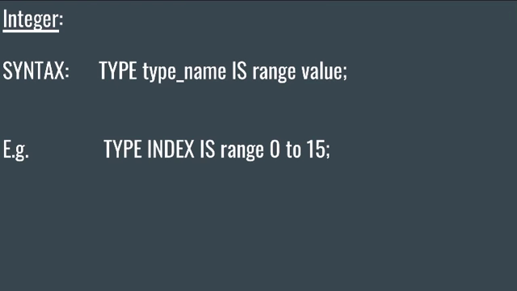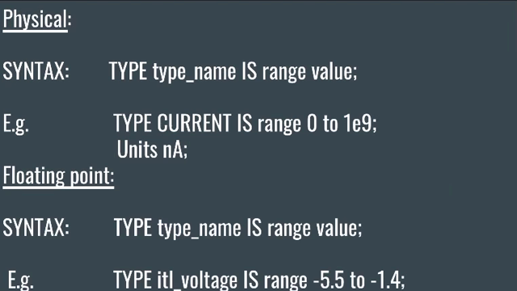Next we have integer. Here the integer means the values fall within a specified integer range. We have a syntax and also an example given here for the integer. Next we have physical. It contains values that represent measurement of a physical quantity like time, length, volume, or current.